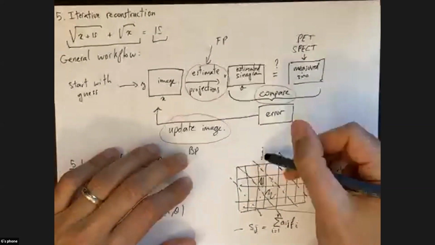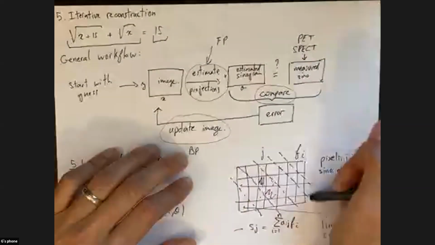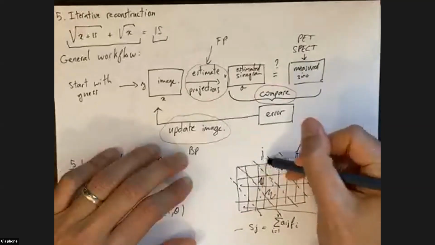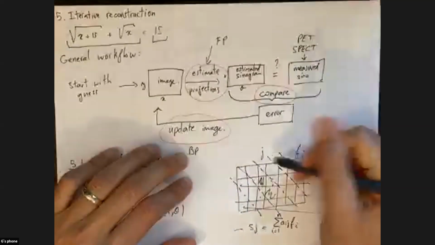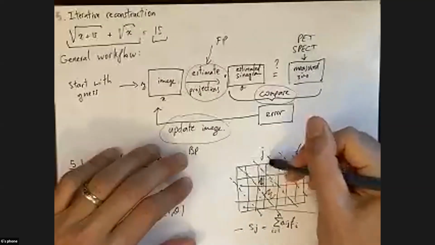So in the back projection, we would follow line J, read this pixel, add some number to that pixel and then write it back there.